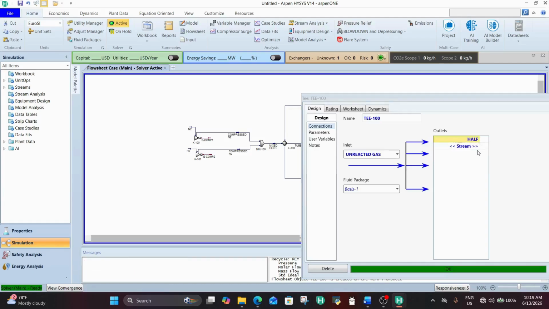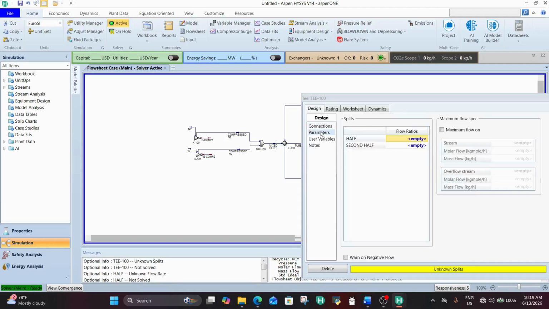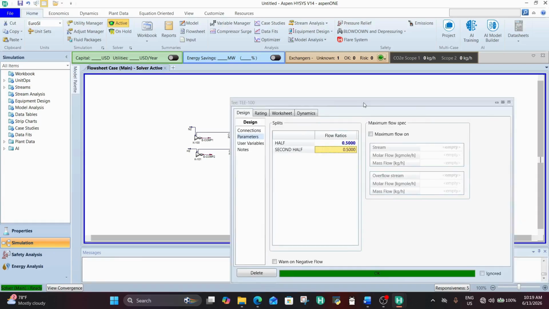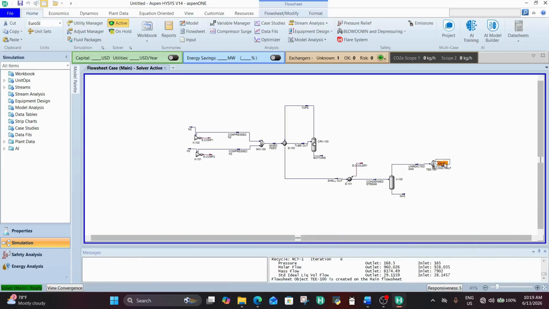And another stream would be the second half. All right, specifying the split ratio 0.5. Let's equally split it 0.5. So let's see, what does that make up? Does that make up 160? 160. So that would be 80/80.